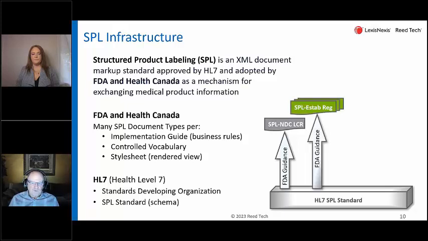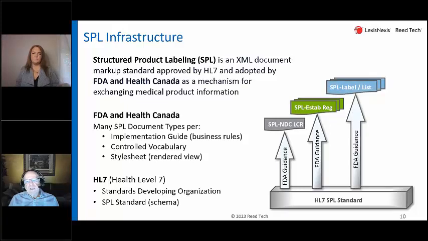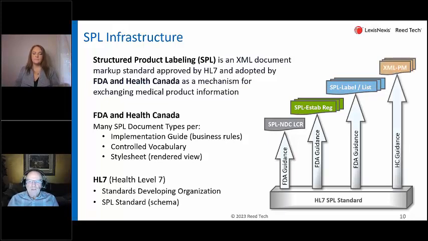The FDA also uses this establishment registration function, and they also use SPL for labeling and listing functions. And now we add to this suite Health Canada's set of information, their guides, all using the same standard, but now you can capture the information that is in a product monograph into this SPL file, based on XML.